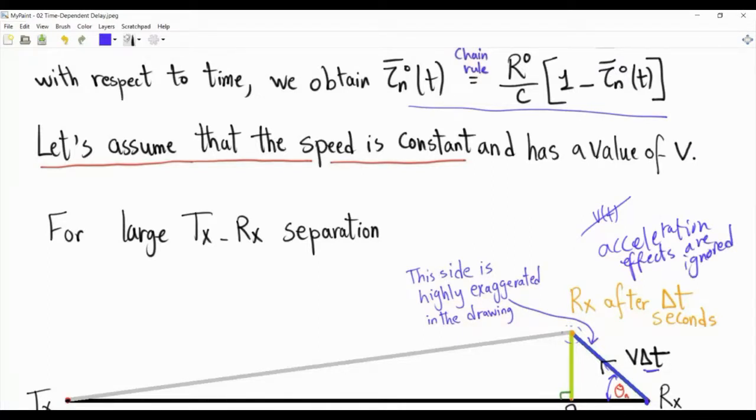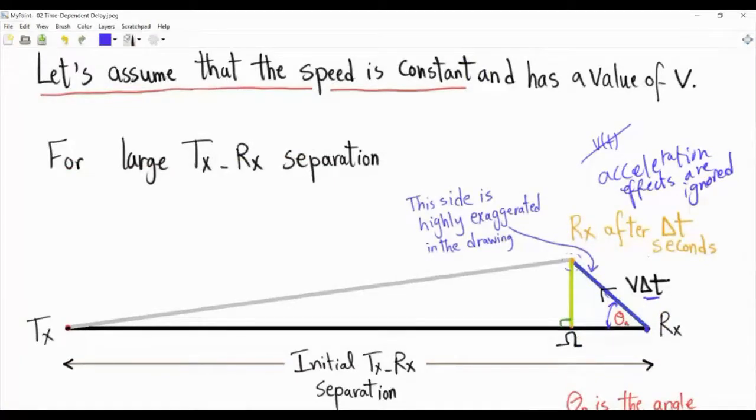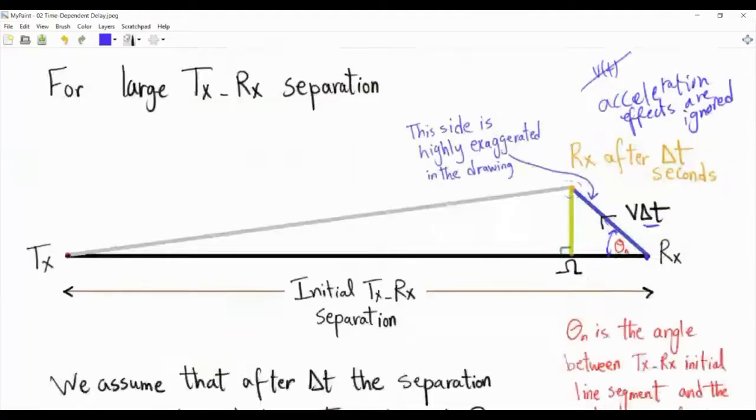Given the expected values of acceleration of the moving objects in the wireless system, acceleration is something that we can ignore. Over a short period of time, you can assume that the receiver is moving with a constant speed. This is very nice because now v does not depend on time, and this will simplify things a lot.